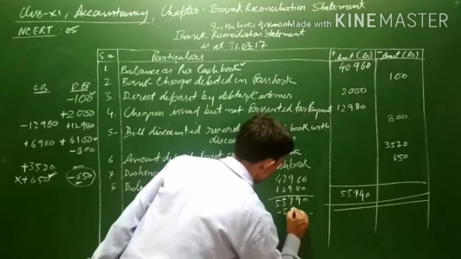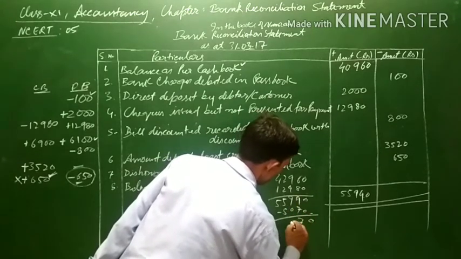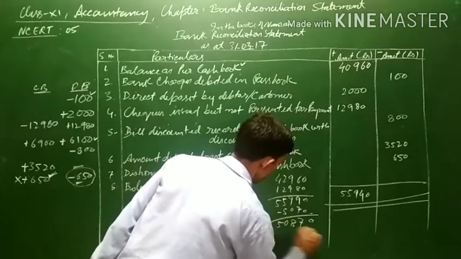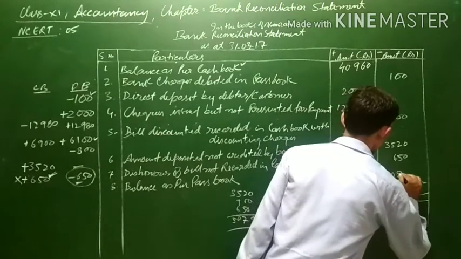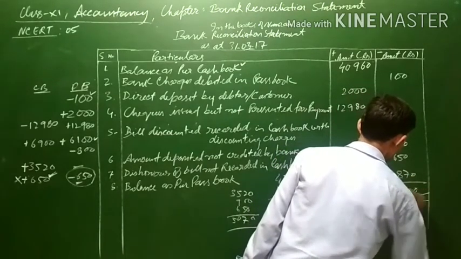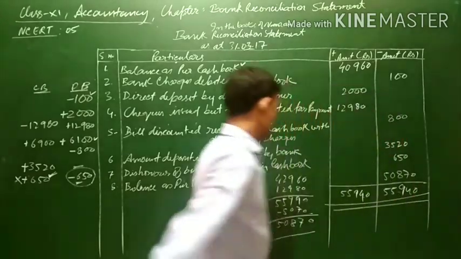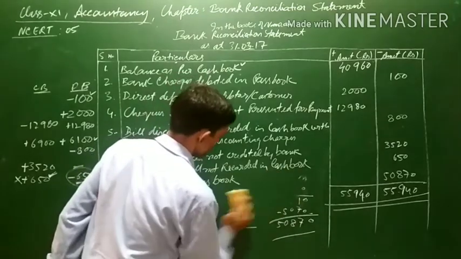This will be deducted, 5,070. The balancing figure will be 50,870. 50,870. Total will be 55,940. This is the balance as per passbook.